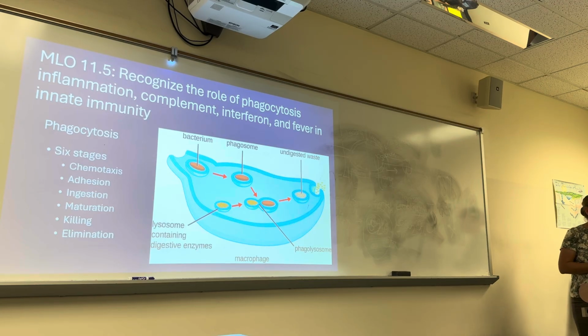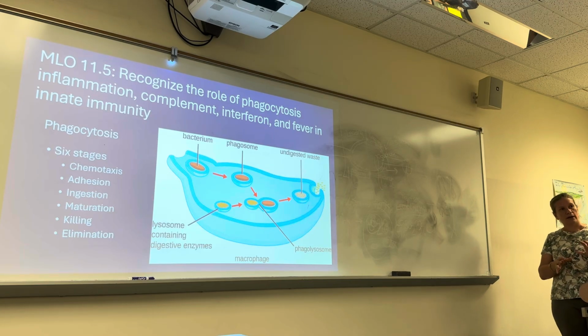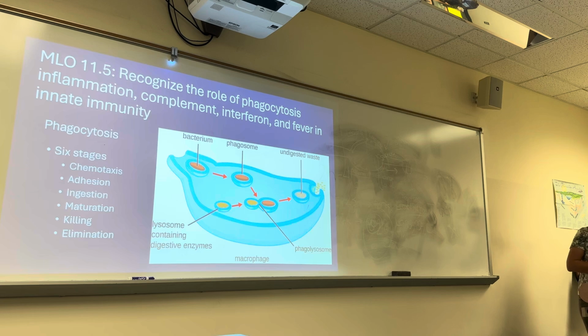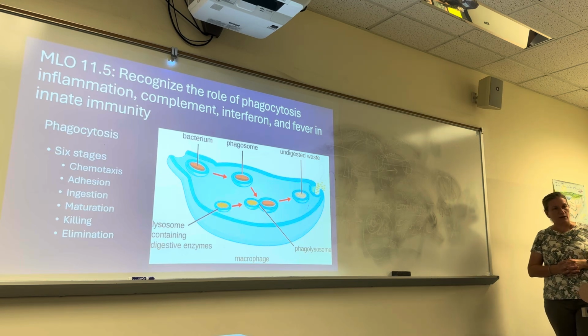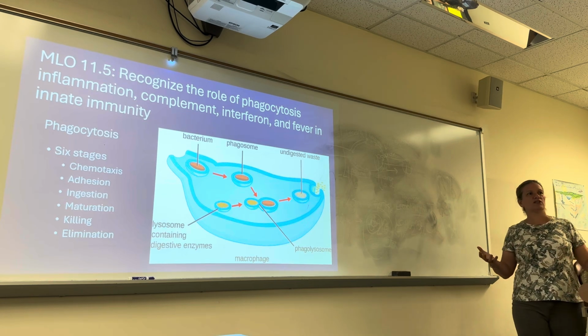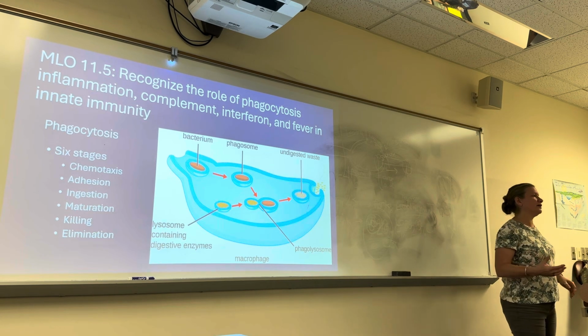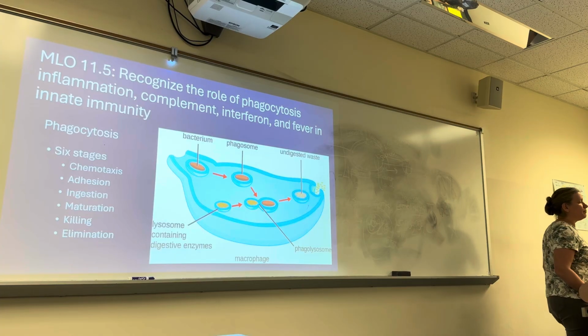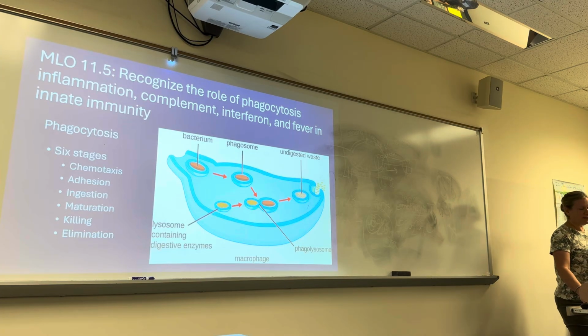Okay, that's still kind of a newer area that they're still researching, the full function and how it works, but it does allow for other cells, not just phagocytic cells, to be able to respond to these PAMPs that might have gained entry into the cell.